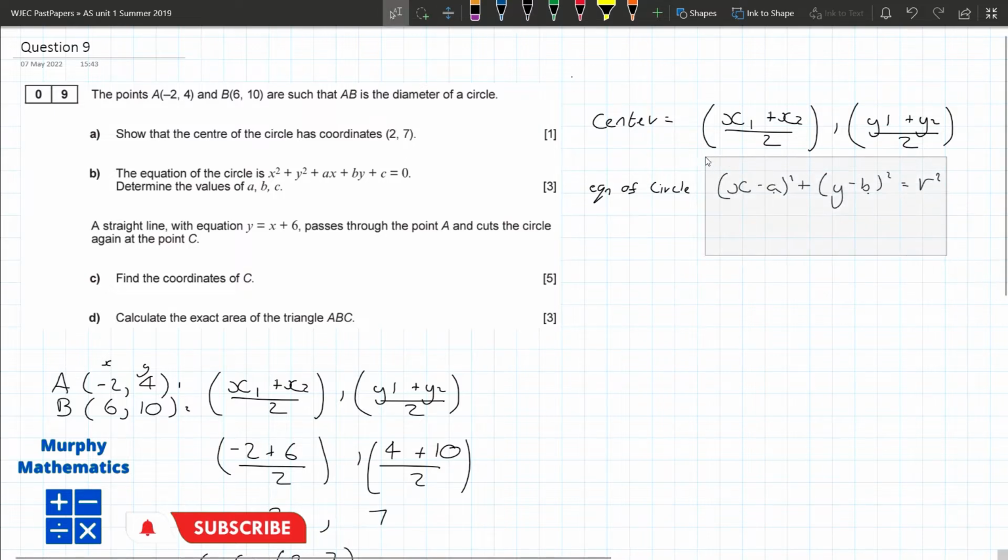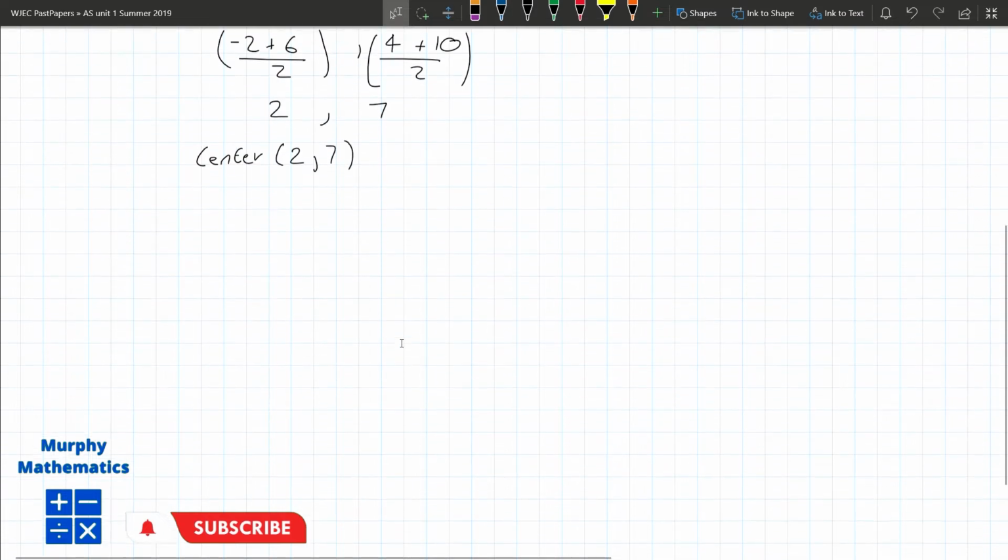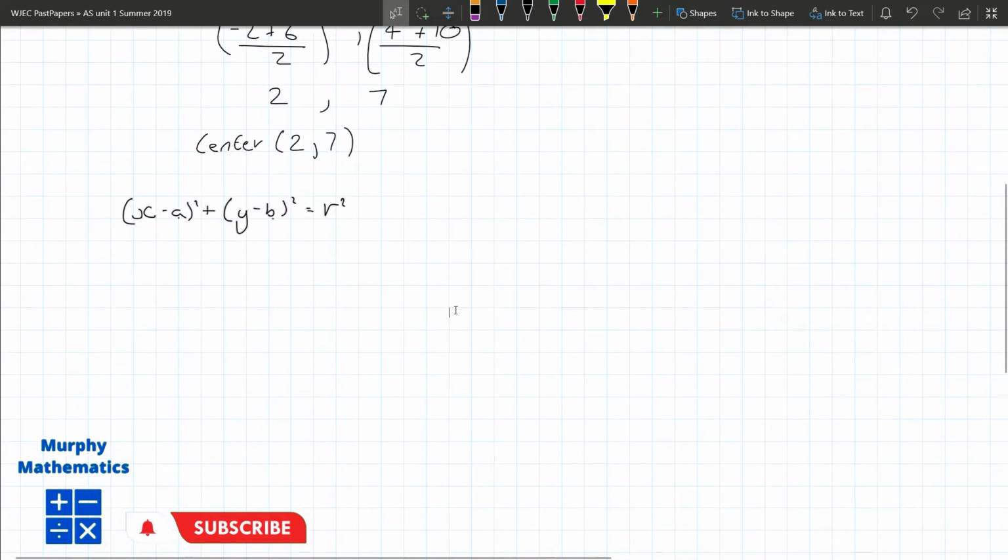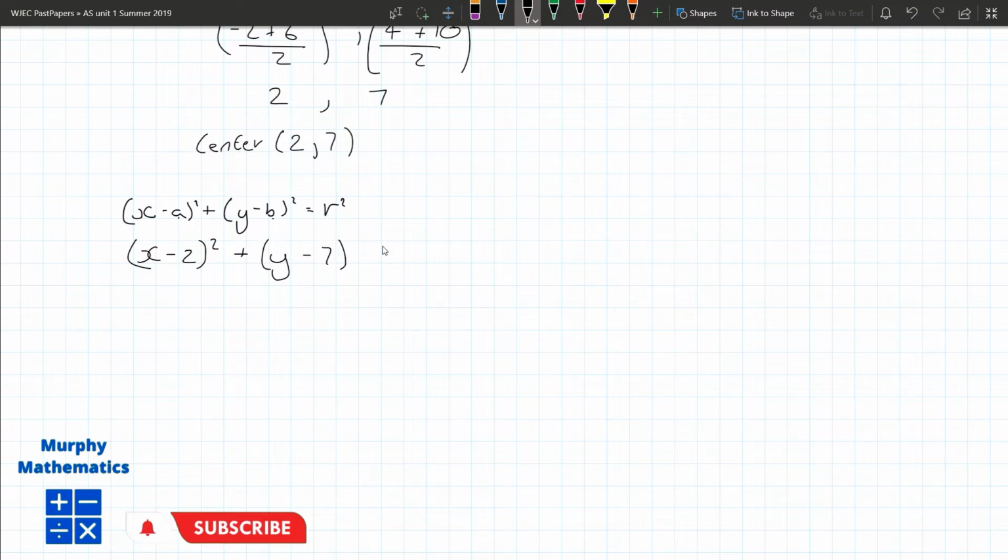So taking this with us, we can put in our midpoint: x minus 2 all squared plus y minus 7 all squared equals r squared.